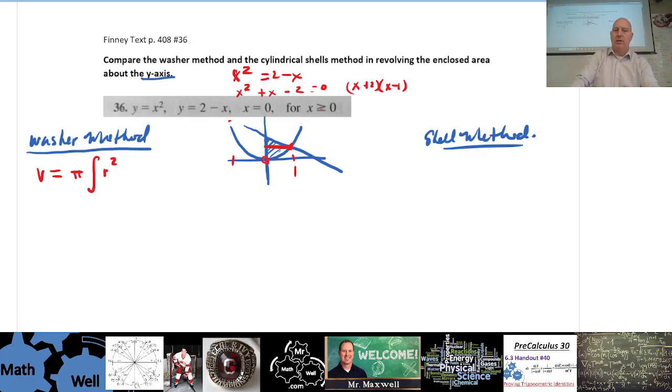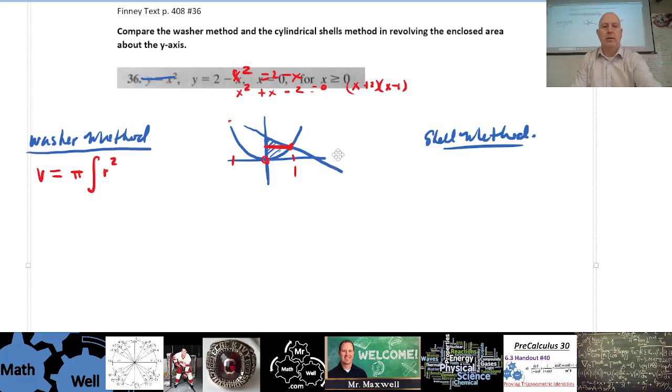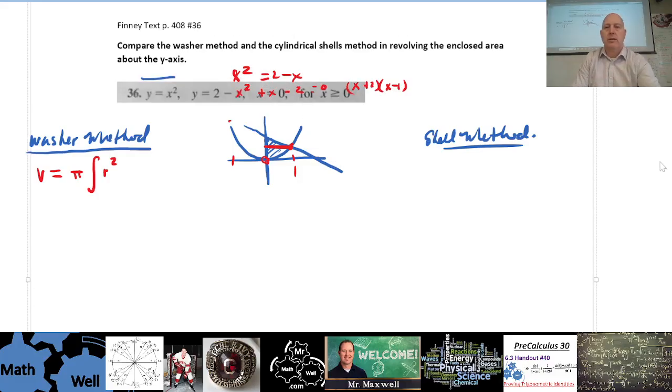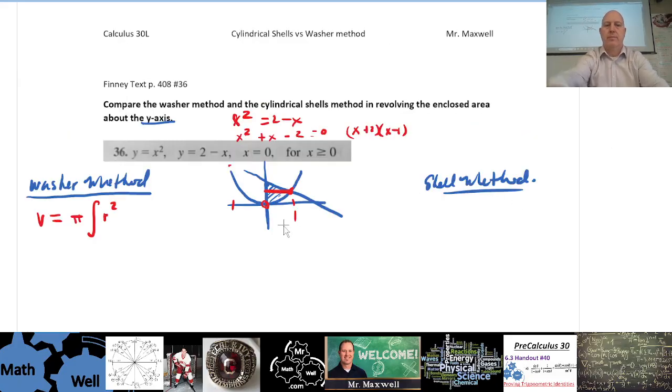So I'm going to blow this diagram up a little bit, because we have to use the horizontal washers there. All right, so this intersection point is 1, and it's (1, 1), right?